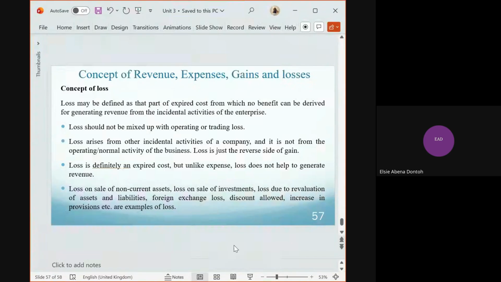Loss on sale of assets, discounts allowed, increase in provisions are some of the examples of losses. So this brings us to the end of Unit 3.